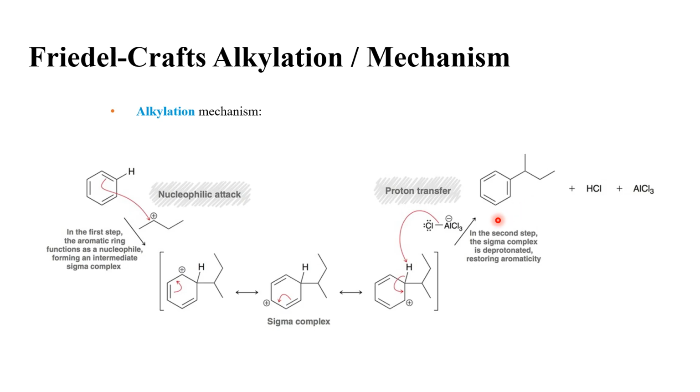Here's another example of an EAS reaction, and this time we've added an alkyl group. Before, we replaced this proton with a bromine, a chlorine, a nitro group, a sulfonyl group. Now we've added an alkyl group.